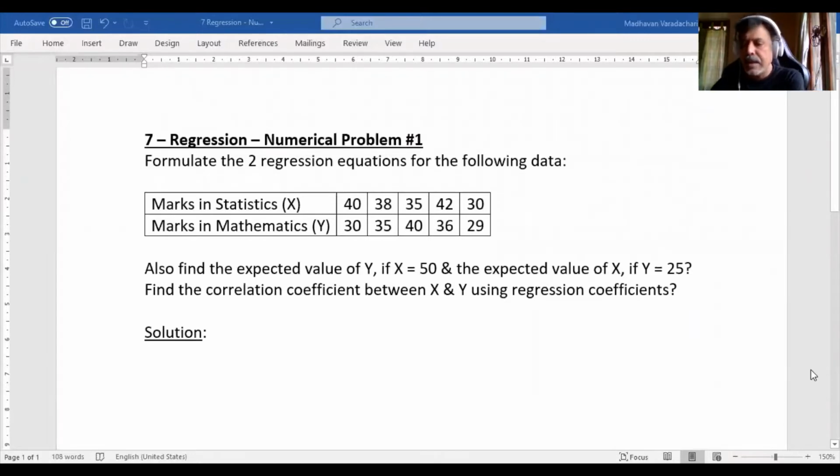Now, let's proceed with first forming the regression equations, both of them. So, we know one equation is x on y, another one is y on x.